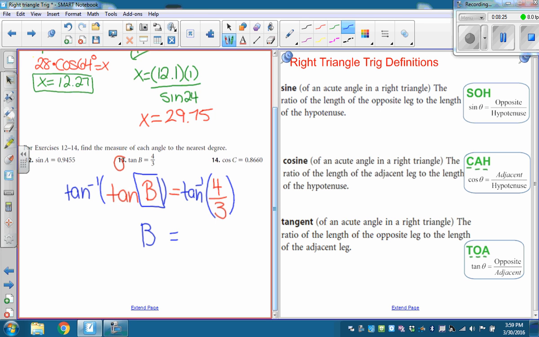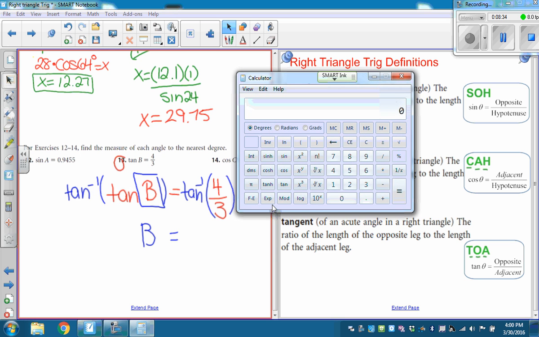So really, all I need to do is type in inverse tangent of 4/3 on the calculator. I'm going to bring my calculator back up, do 4/3, and then hit the inverse tangent. And I get 53.